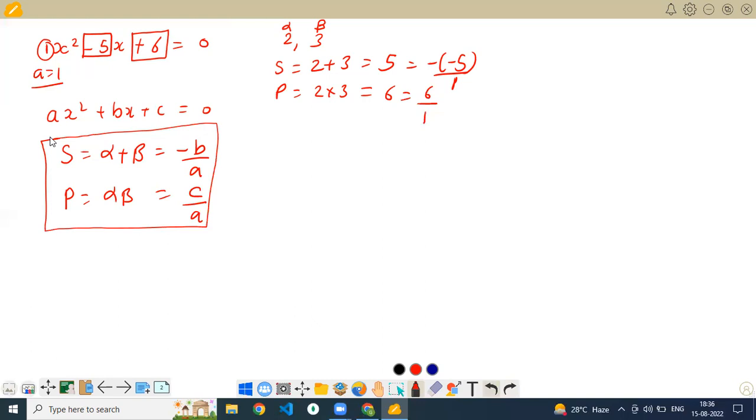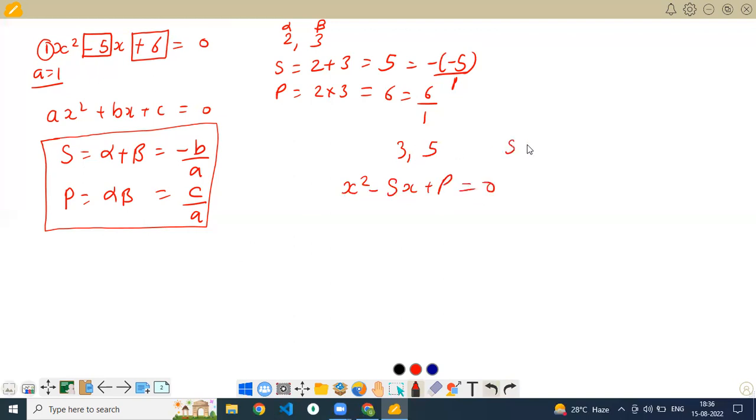Or if the roots of the equation are given, if I ask you to find the equation whose roots are 3 and 5, then you can simply say the equation will be x square minus sx plus p is equal to 0.